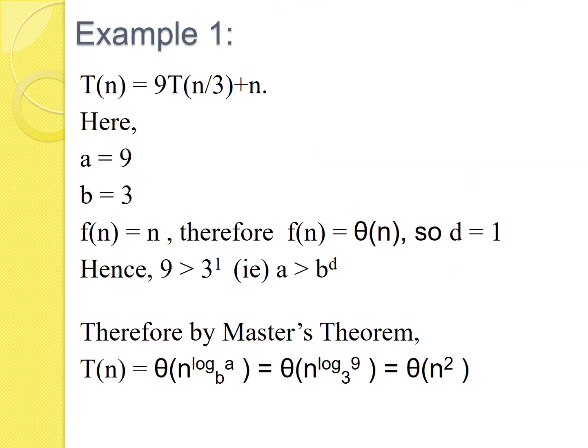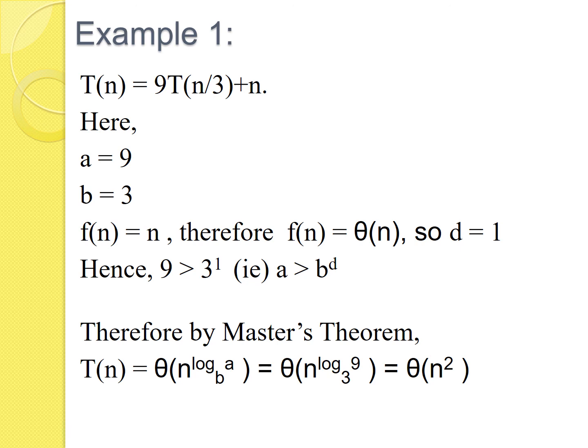Let us apply the Master's theorem to the recurrence relation T of n equals 9 multiplied by T of n by 3 plus n to obtain the time complexity of the recursive algorithm represented by this T of n. From the recurrence relation, it could be deduced that a equals 9 and b equals 3 and d equals 1.